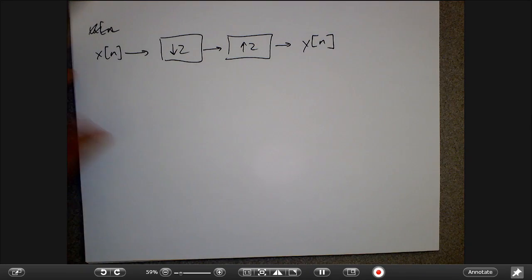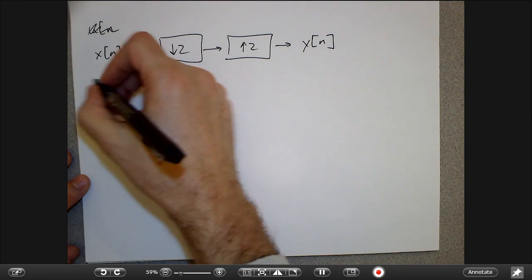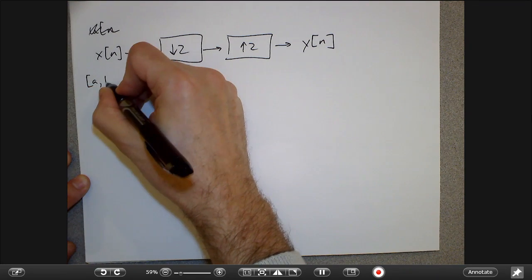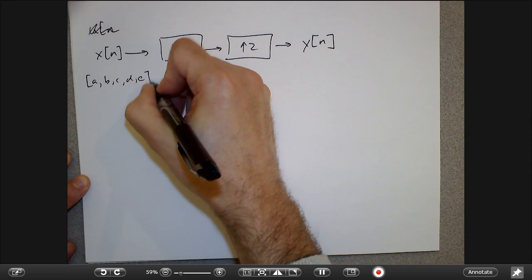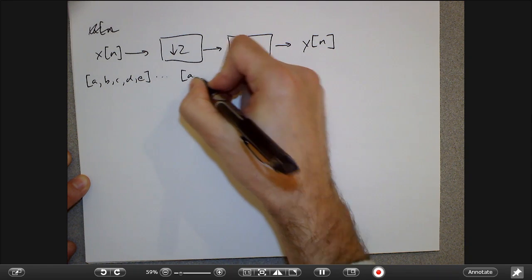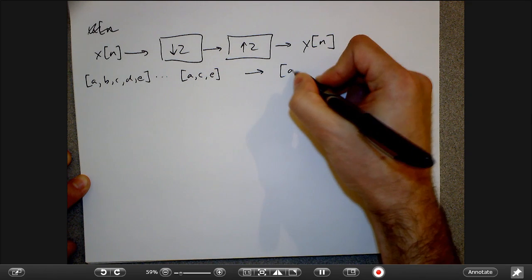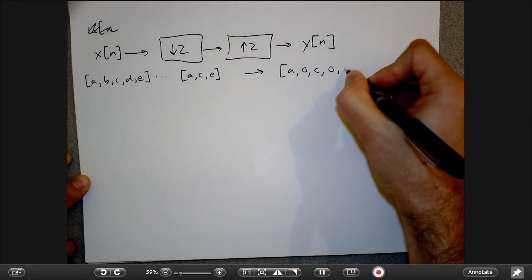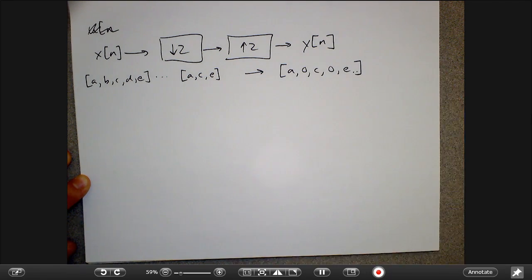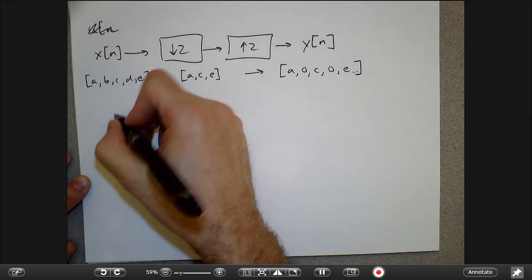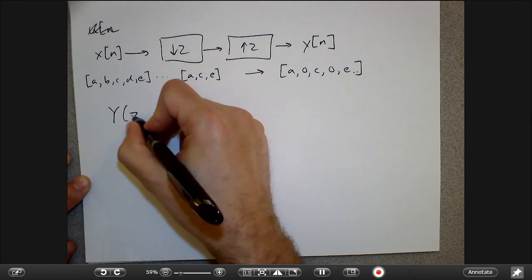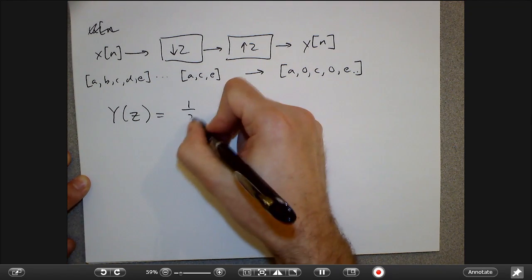That's like saying I have an original signal, I chop out every other thing, and then I put in zeros for the things that I chopped out. So you can show that the Z transforms have this property.